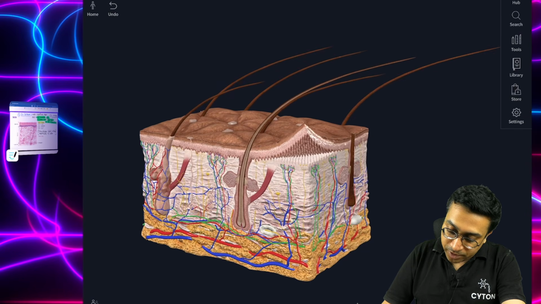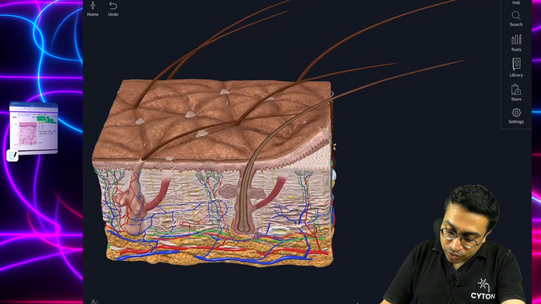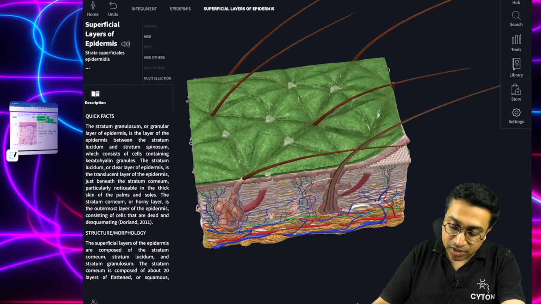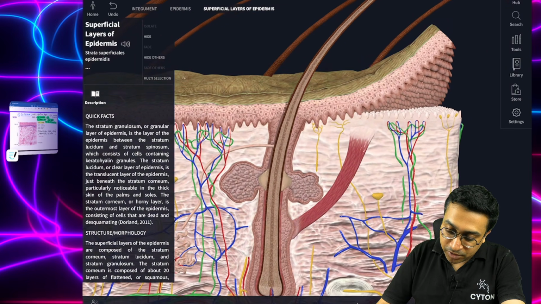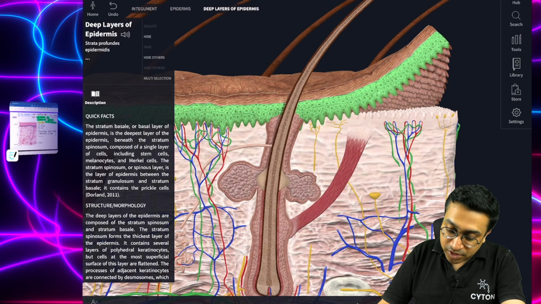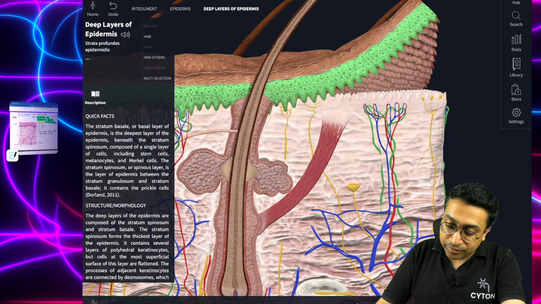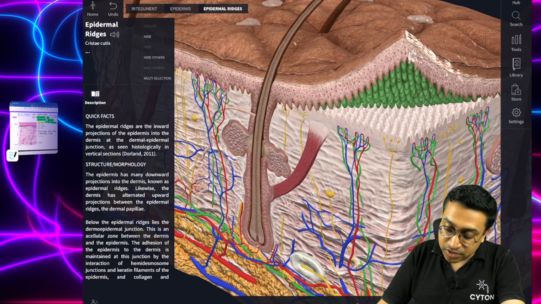We have a separate model which was released recently by the application. So you can see these are the skin layers they have shown. This is the superficial layers of the epidermis. You cannot differentiate between them here. Then you have the deep layers of the epidermis. Then you can see the epidermal ridges are shown here. These are the ridges.